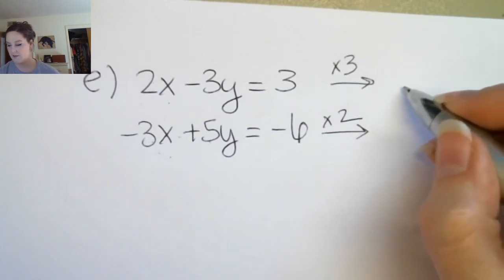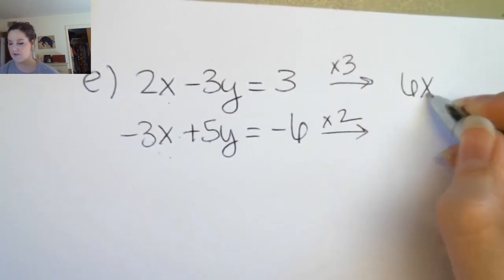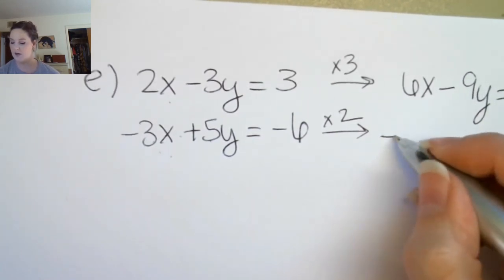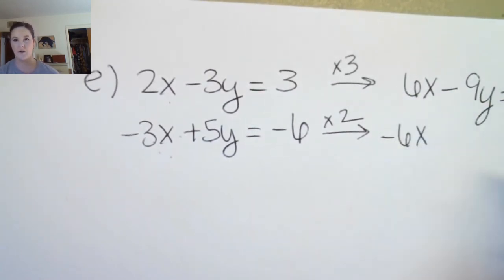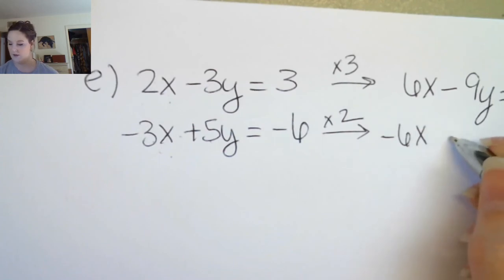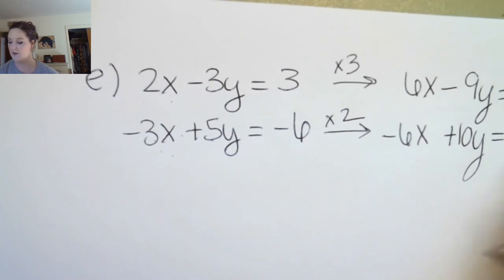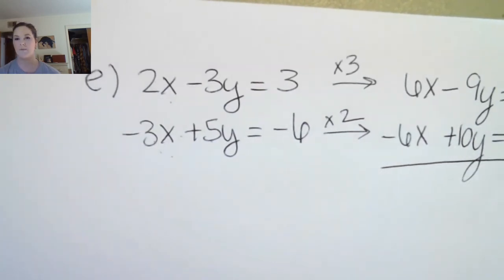Okay, so that would give us 6x minus 9y equals 9. And here we would get -6x, right, which is what we wanted, plus 10y equals -12.